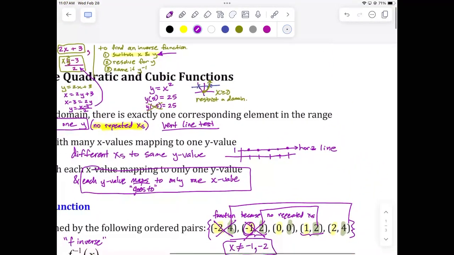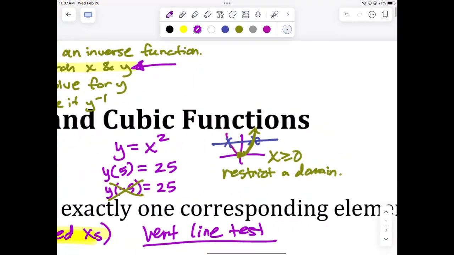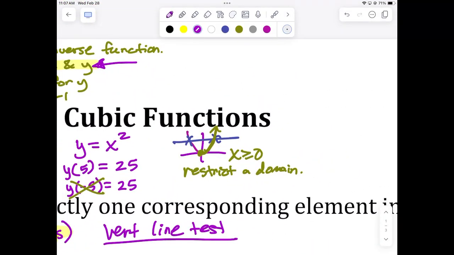Like up here, let's look at the x squared up here. You see how I restricted the domain up here to x is greater than or equal to 0? I could easily have done this. I could have said, you know what? I'm a negative person. I'm going to restrict the domain to x is less than or equal to 0. And all of my friends know now that they only use negative values.